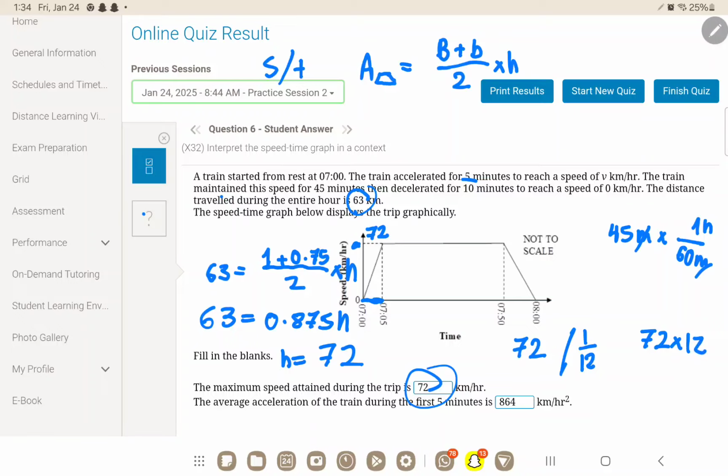Or just divide 72 by 1 over 12 on your calculator, times 12, is going to be 864, which is your answer. By the way, 72 divided by 1 over 12 is the same as 72 times 12, so you don't get confused. So that's how you solve your entire thing.